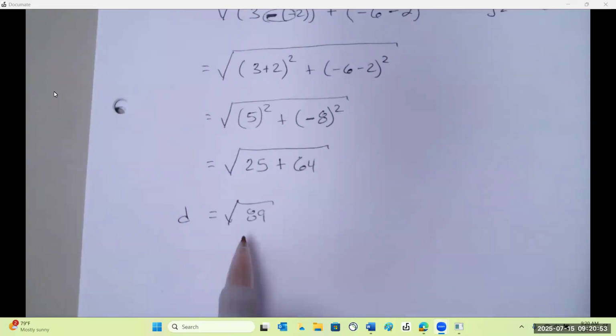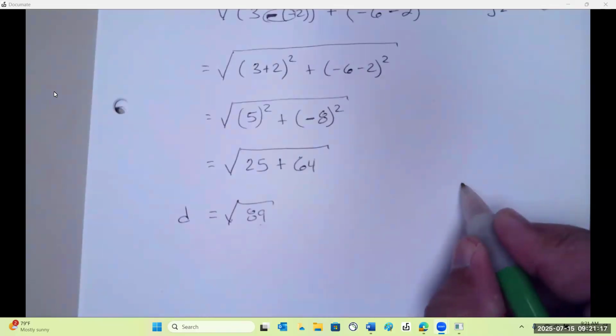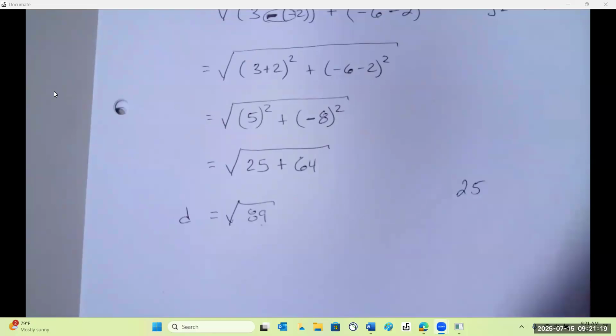Now, can we go any further with 89? What is 89 made up of? Is it divisible by 2? How do we know it's not divisible by 2? It doesn't end in a 0 or an even number. How do we know it's not divisible by 3? If it's divisible by 3, let's say the number is 251.